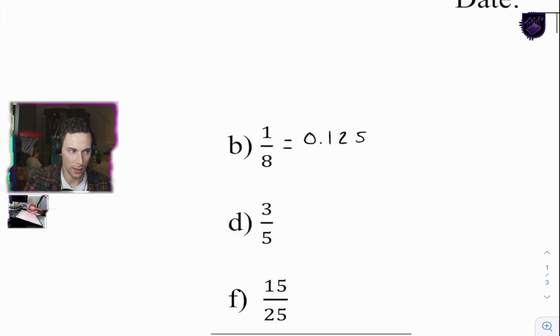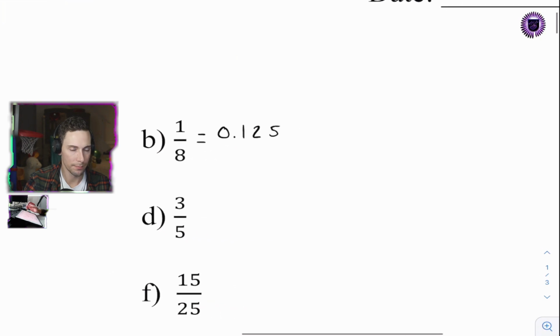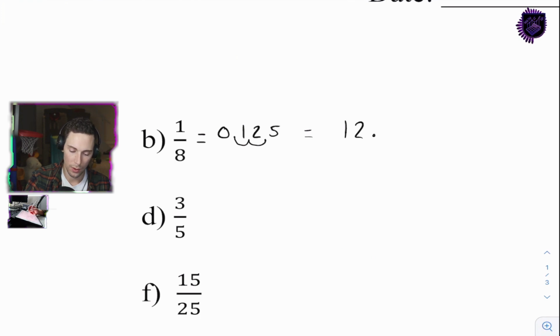And once we have a decimal, of course, we can change it into a percentage by, again, moving that decimal place over 2. And this will be equivalent to 12.5%.